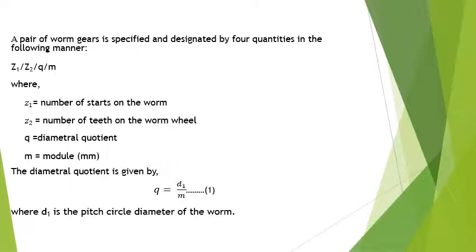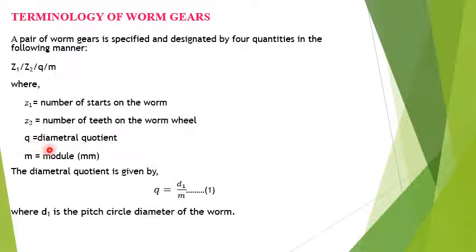Coming to the terminology of worm gears. Before that, a pair of worm gears is generally specified and designated by four quantities, which are Z1, Z2, small q, and small m. Here Z1 refers to the number of starts on the worm, and Z2 refers to the number of teeth on the worm wheel.